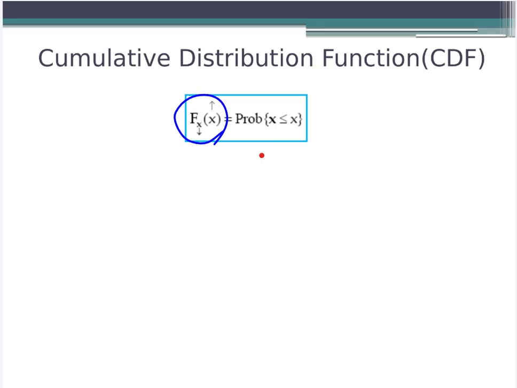So the CDF at every point specifies for us the probability that the random variable is less than or equal to this value.